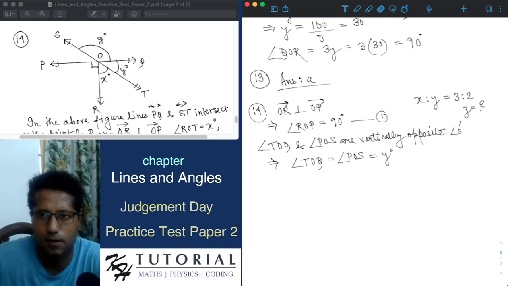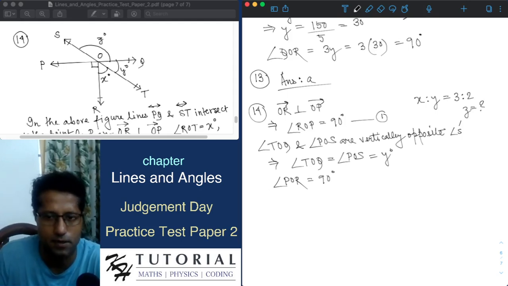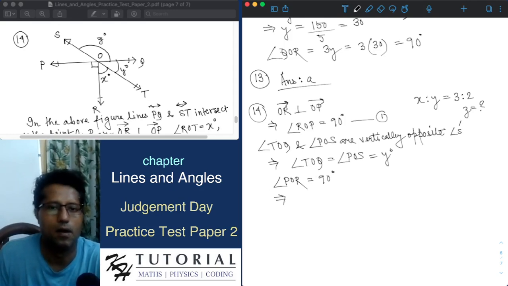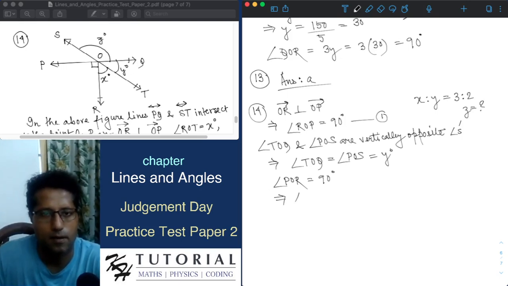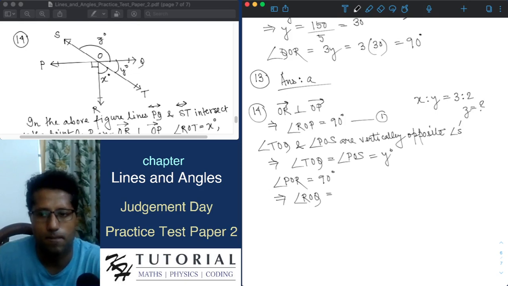Now we know angle POR, or ROP, is 90 degrees. This implies angle ROQ should be equal to 180 degrees minus 90 degrees. Why?